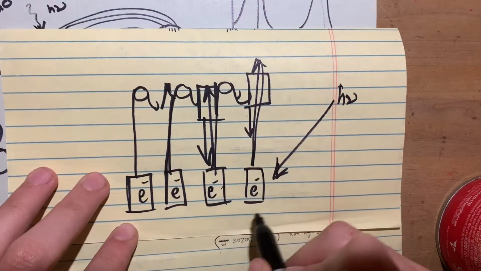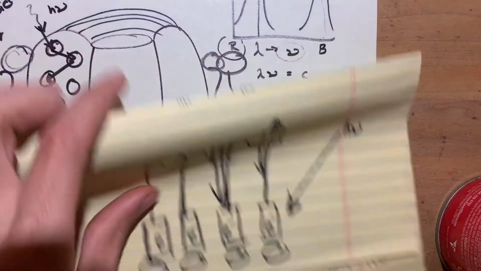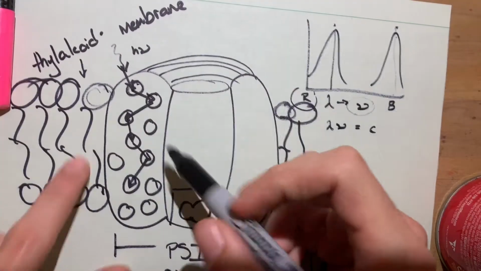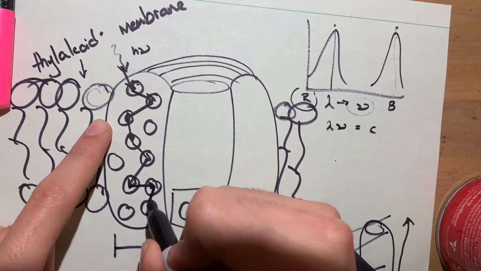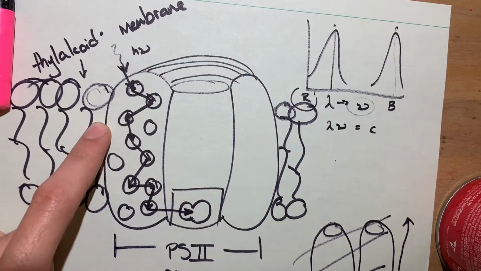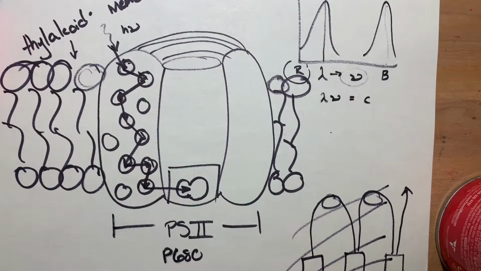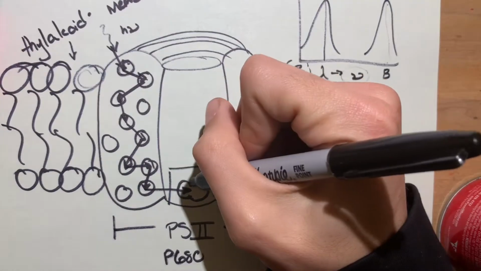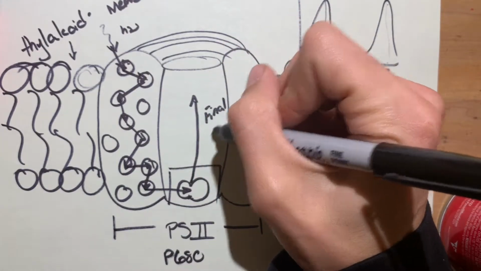And these are electrons all in their own chlorophyll molecules. So excitation, excitation, and so on and so forth, right? Until we hit this activator complex. Now, what happens after that is we see the final excitation for PS2, at least.